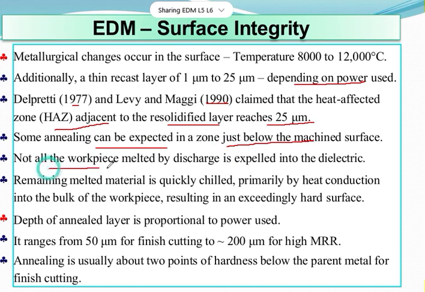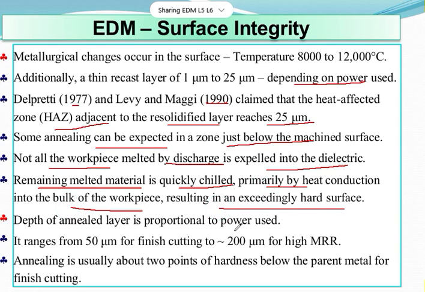Now, not all the workpiece melted by discharge is expelled into the dielectric. The remaining melted metal is quickly chilled, primarily by heat conduction into the bulk of the workpiece, resulting in an exceedingly hard surface.